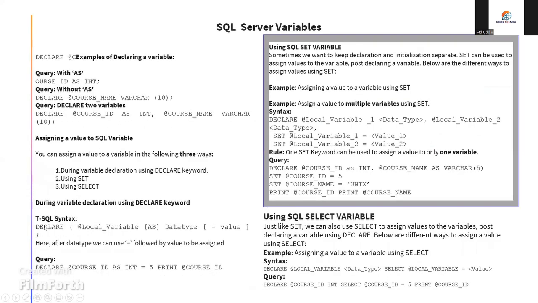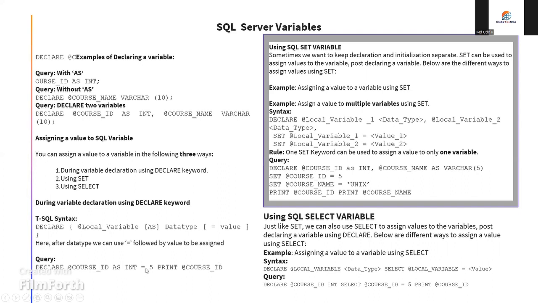Like here, the syntax is declare local variable as data type equal value, opening with a bracket and closing with a bracket. As a query using the same syntax, I can write declare local variable, with any name, maybe student name. As means what kind of data type I'm using. I can use integer, character, string, text, varchar, anything.